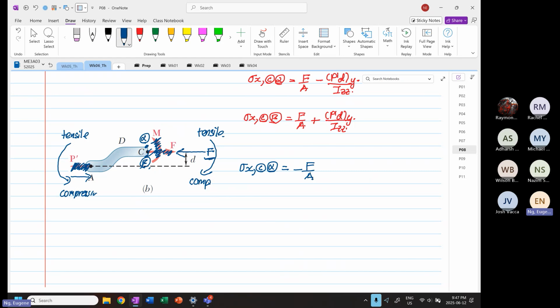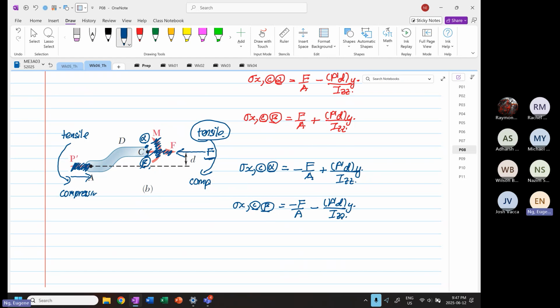So alpha, due to the moment, is in tension: plus P prime D multiplied by Y divided by Izz. Likewise, stress X at C at point beta: again, the axial load is in compression, minus P prime D multiplied by Y divided by Izz.